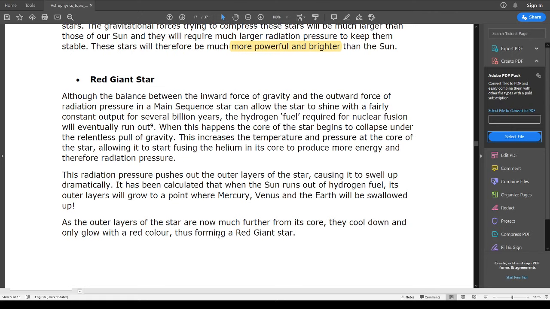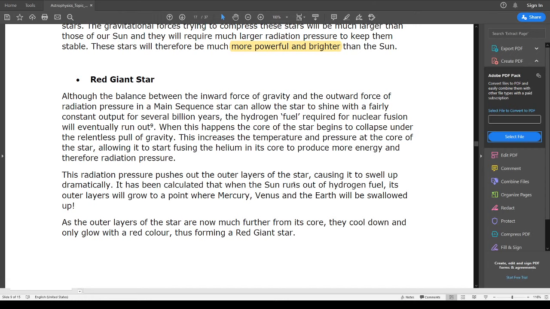But the problem with a large star is the density is lower, because it has the same amount of matter. The matter is the same, the same amount of hydrogen and helium, but now it's in a much larger volume. So the density is now lower. As the density is lower, there are fewer collisions, less kinetic energy, therefore less temperature.